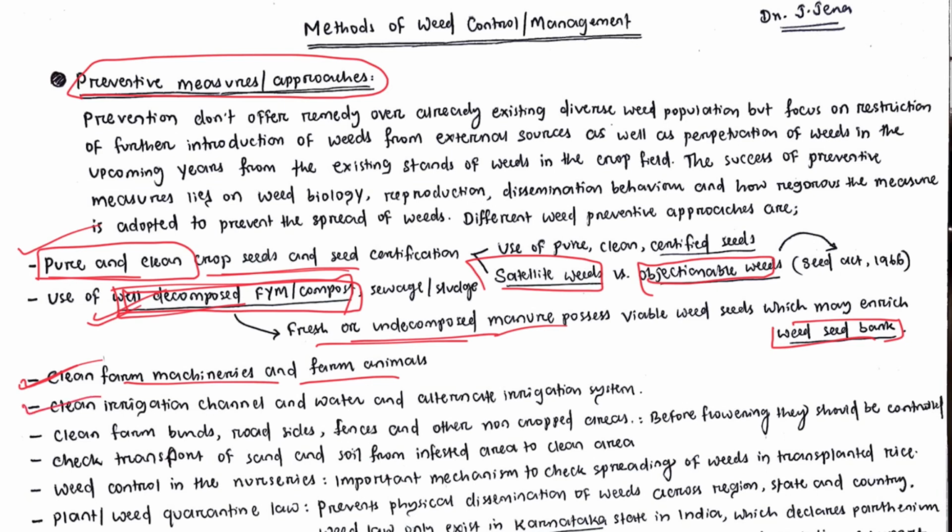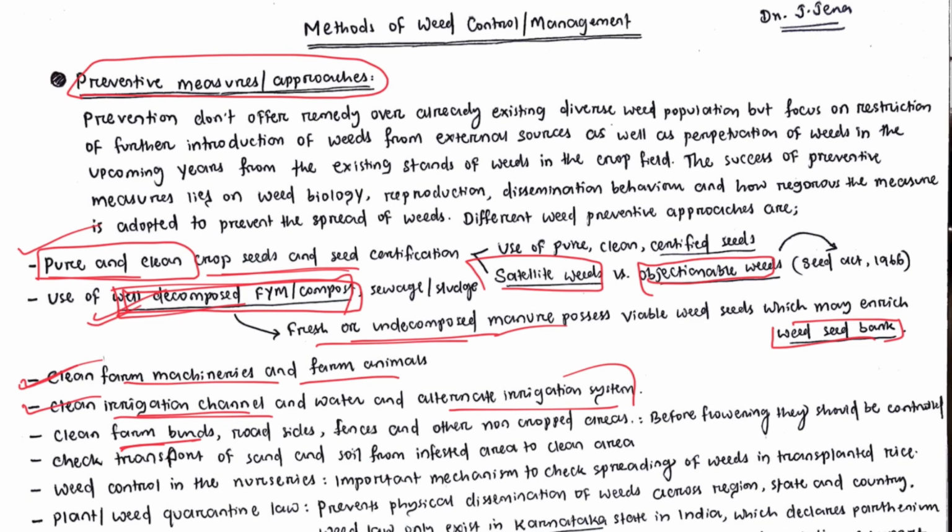Then we must clean the irrigation channel and the field bunds. Okay, irrigation channel and farm bunds. If you visit any farm, or if you are living in a village and observing any crop field, you can see that the bund area or irrigation channel area is full of weeds, because we are not doing any control measure in that place.